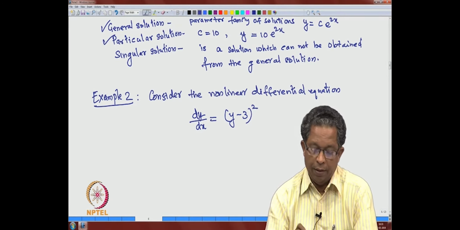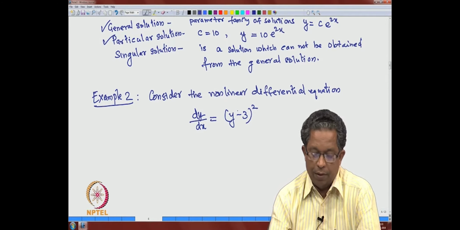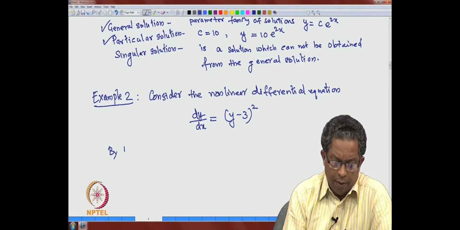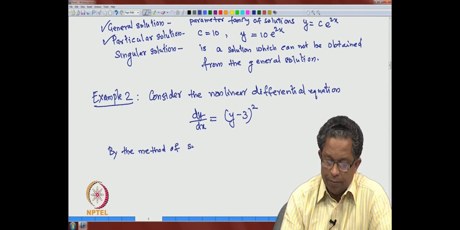So, we have seen that this equation is obviously a nonlinear differential equation. So, how to solve it? By the method of separation of variables.